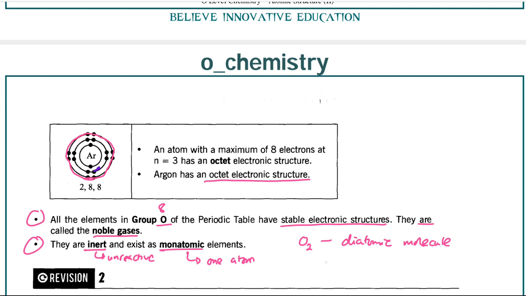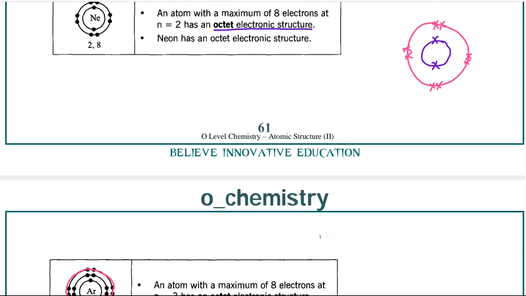The concept of monoatomic and diatomic just means the number of atoms with which the element exists. For inert gases, which are group 0 gases, or the noble gases, they only have one atom. So that concludes our lesson for inert gases.